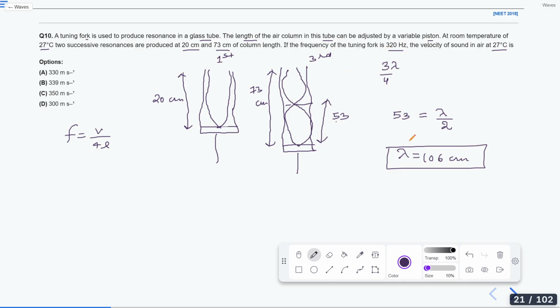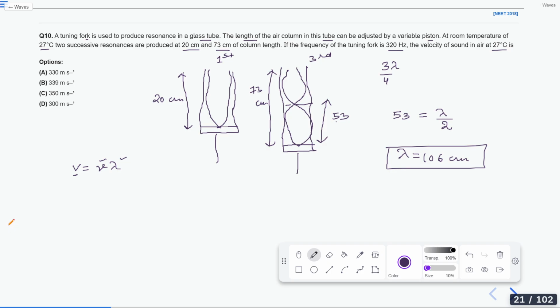You can use this formula, but you are not given the fundamental frequency, so you can use another formula, that is V is equal to nu lambda. So you know the lambda, you know the frequency, so you can calculate the velocity of sound at 27 degrees Celsius from there. Can you calculate?